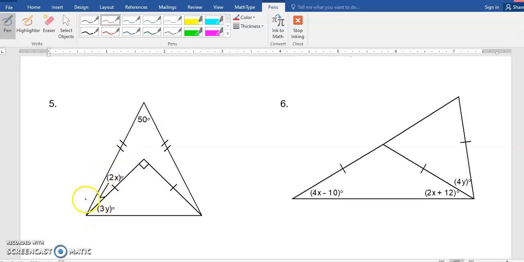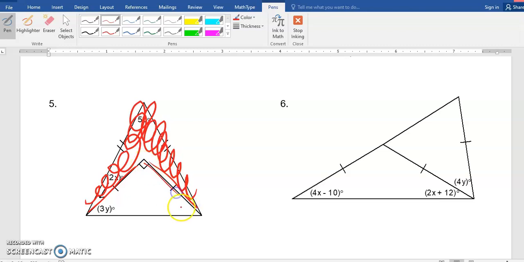So if we look only at the bottom, we're ignoring all of this for a minute. I've got a 90-degree angle up here. So if this is isosceles, then these have to be 45s. So 3y equals 45 and y equals 15.